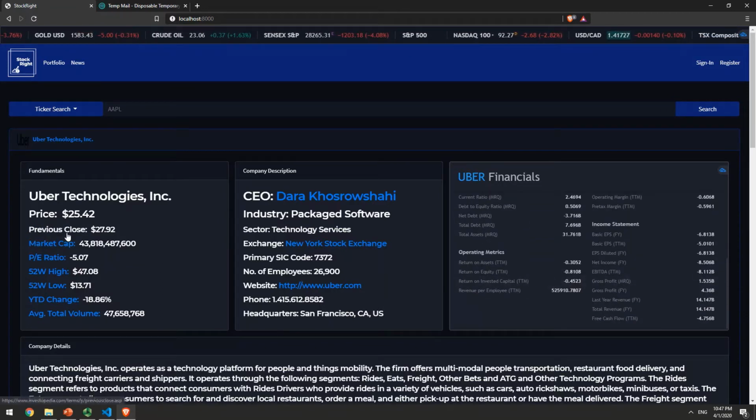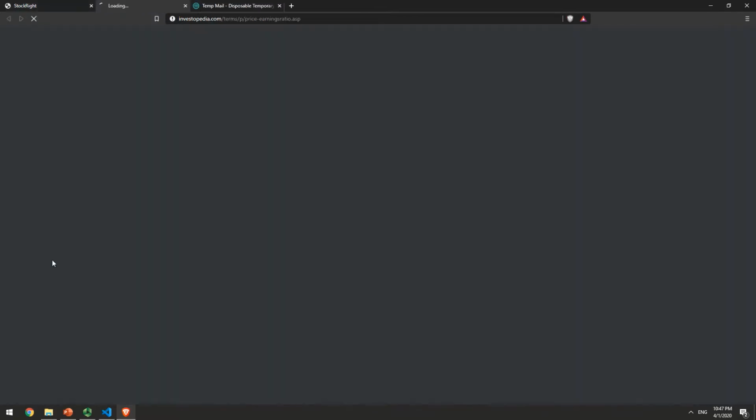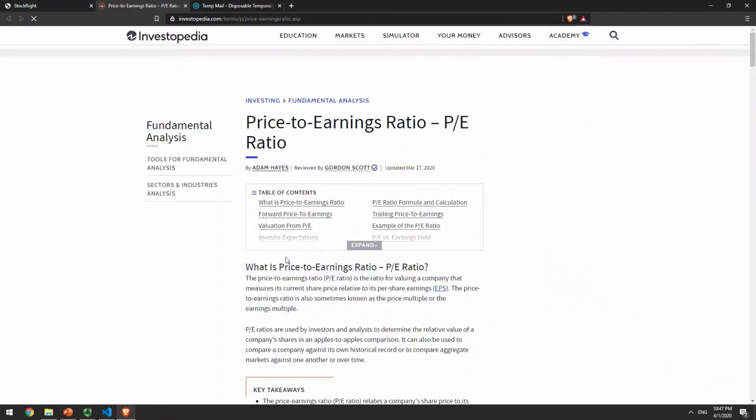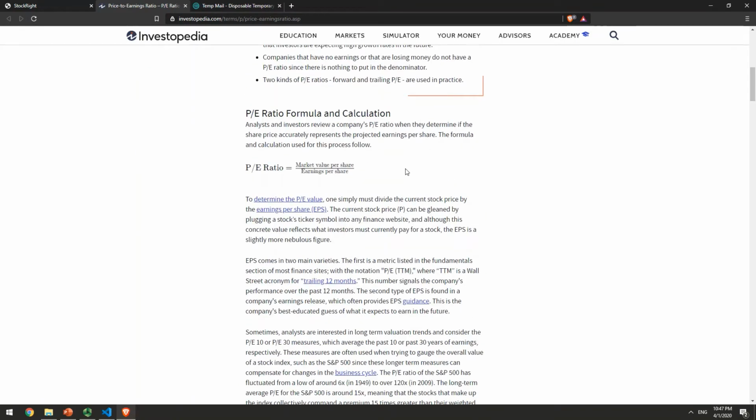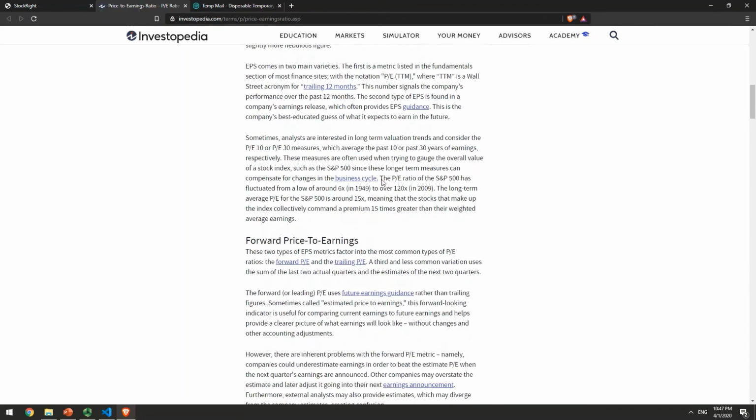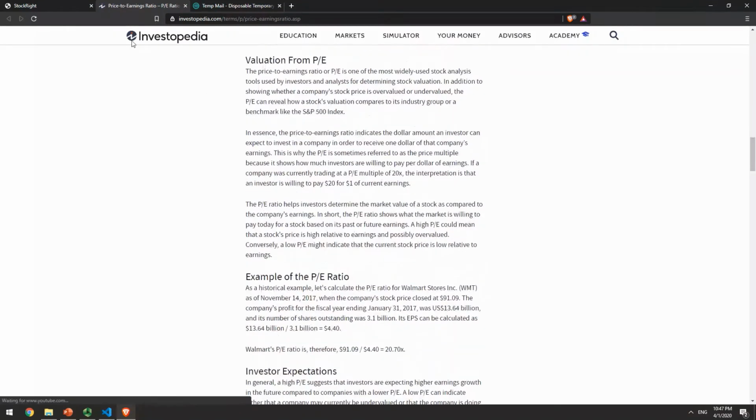Now look at all these blue highlighted links here. So you might be wondering, what is PE ratio? You can click on that and it'll take you to Investopedia, which is an industry standard in terms of learning about investing and stock market related stuff. So it'll tell you everything you need to know about what PE ratio is, how you can use it, what it tells you.